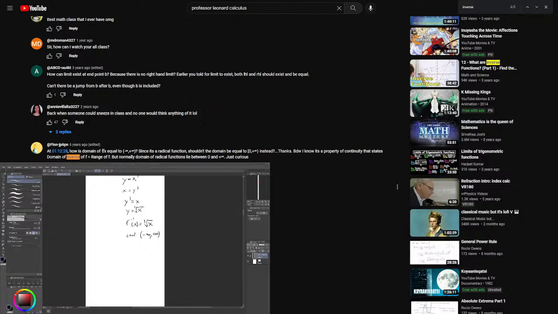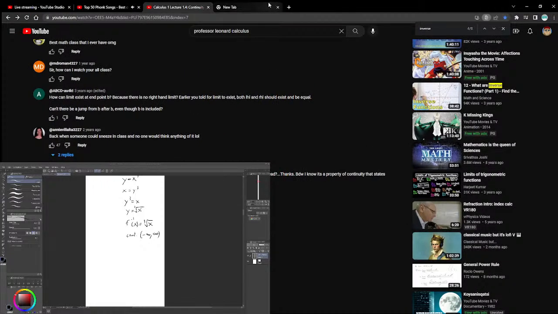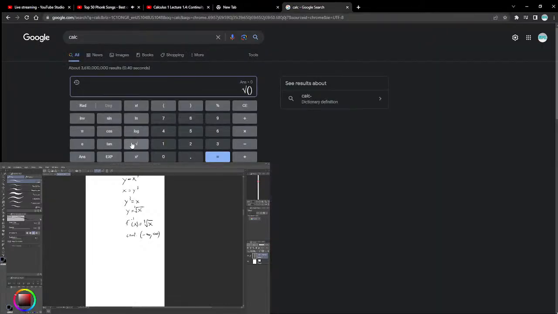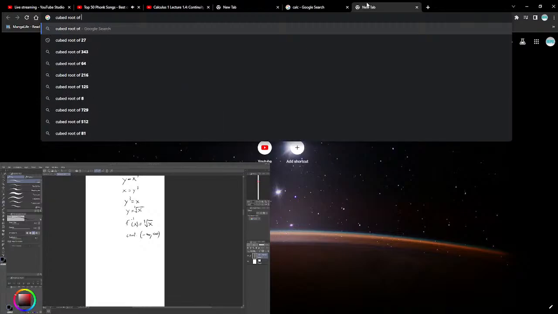Oh, okay. Wait. How do I put something in front of the square root? Cube root of negative 8.